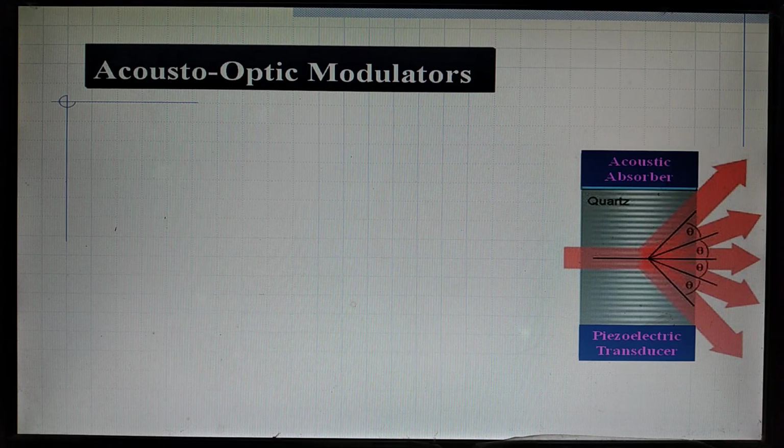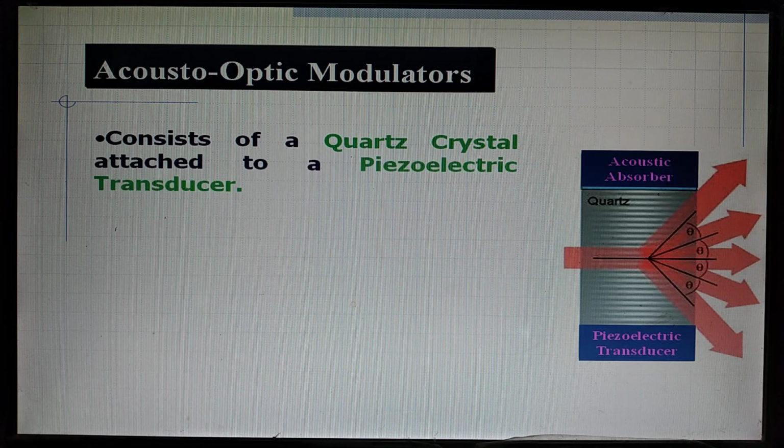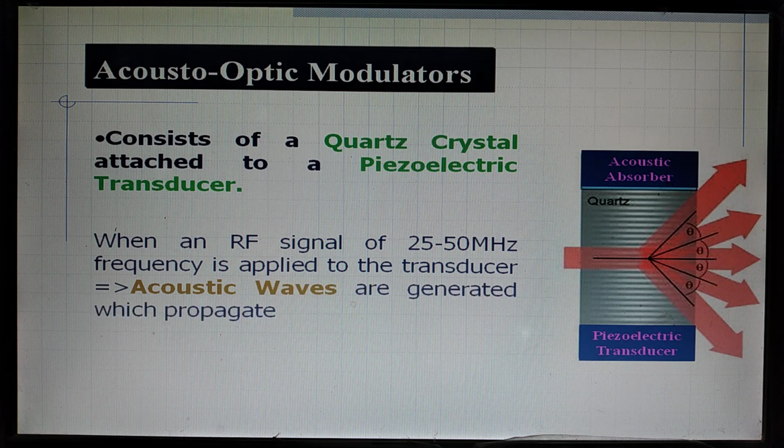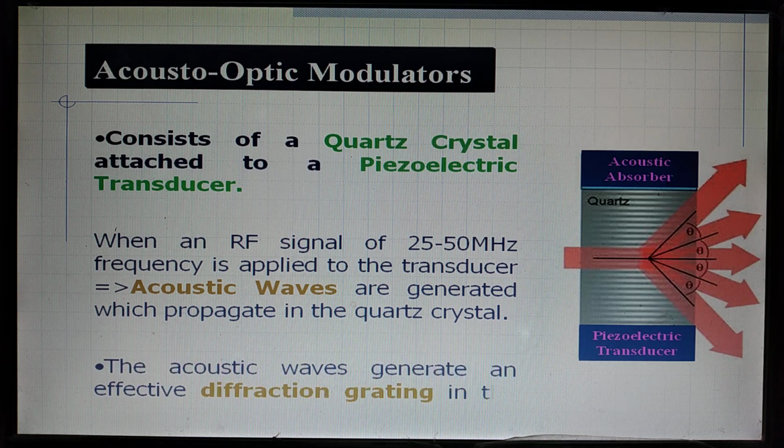When a radio frequency signal of 25 to 50 MHz frequency is applied to the transducer, acoustic waves are generated which propagate in the quartz crystal. The acoustic wave generates an effective diffraction grating in the quartz crystal.